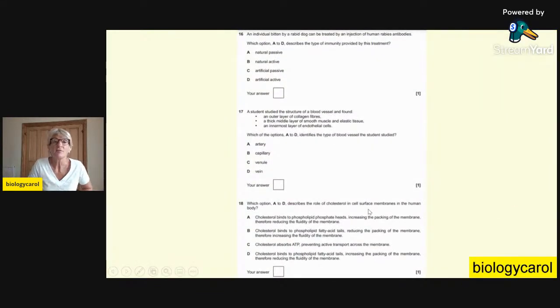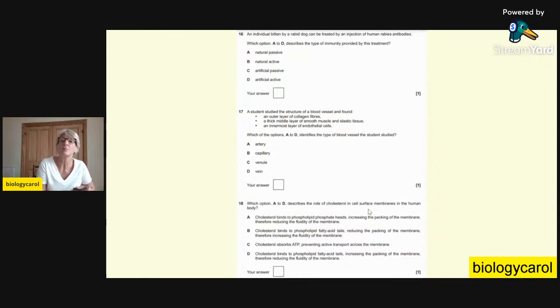16. An individual bitten by a rabid dog can be treated by an injection of human rabies antibodies. What type of immunity is this treatment? Well, it hasn't been caused as a result of the person's own immune system being triggered, so therefore it is passive.